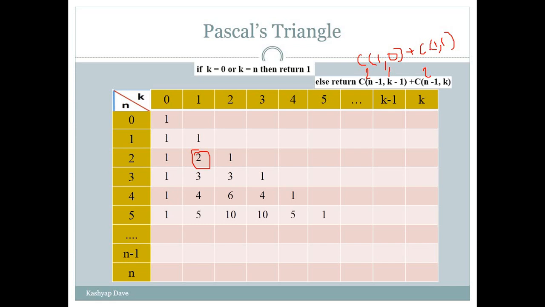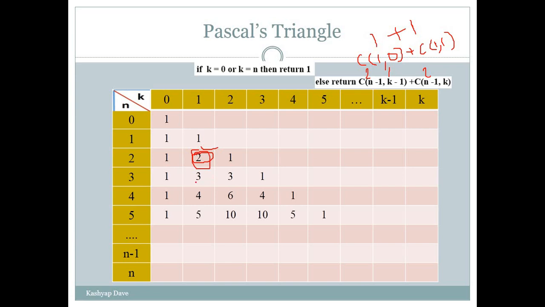So we have to add these two values. C(1,0) is 1 and the other value is C(1,1), which is also 1. So 1 plus 1, by adding these two values we find this value, which is 2.